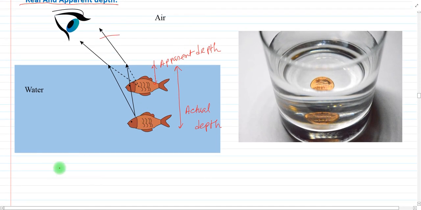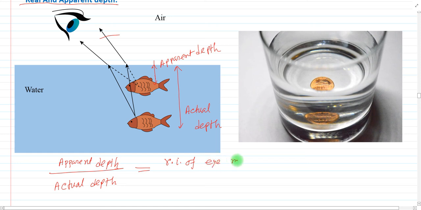So apparent depth by actual depth equals refractive index of I medium by refractive index of object medium.